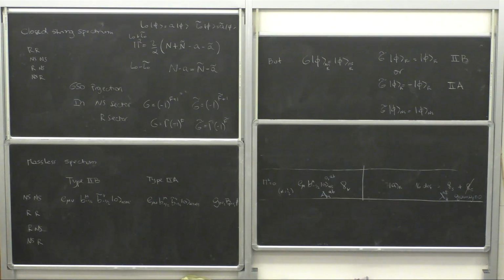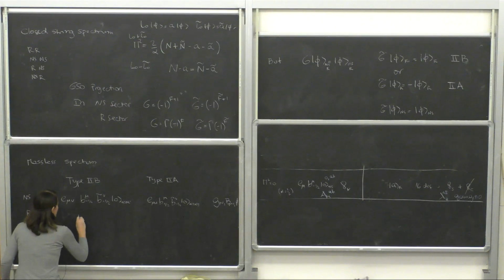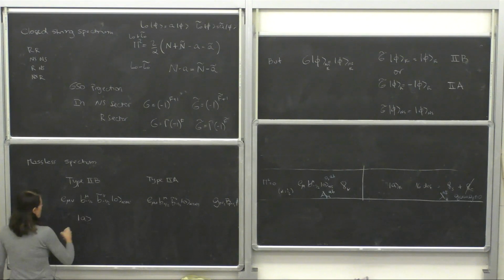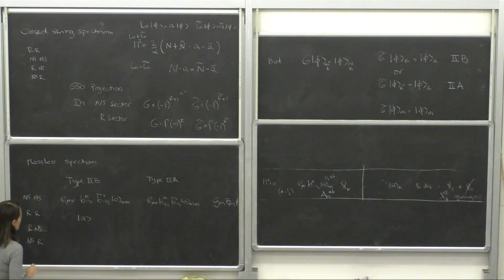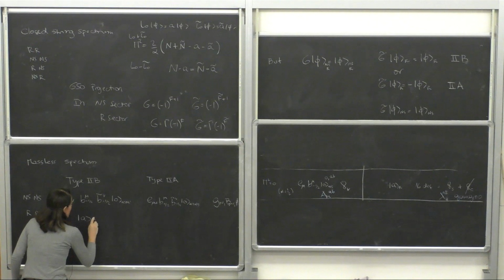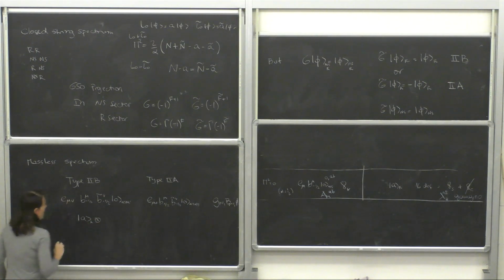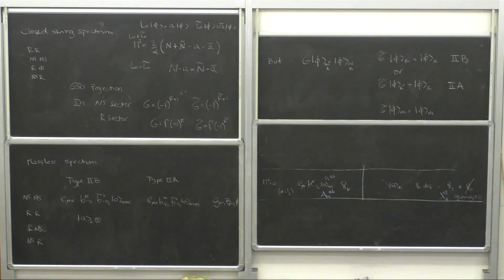Okay, Ramond, in type 2B: on the left, I always take positive chirality. Now the notation is going to start being more and more horrible. I tensor it with another spinor with the same chirality.